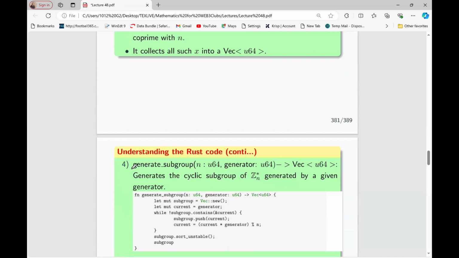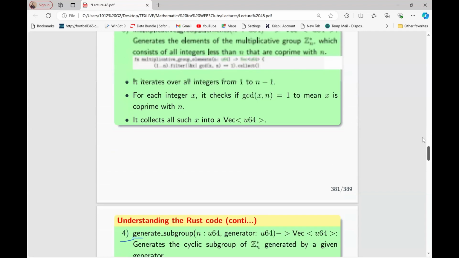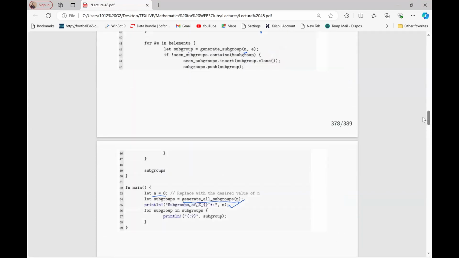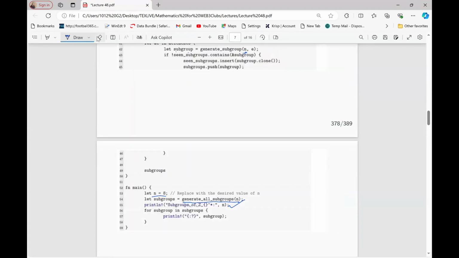But before this, we have generate all subgroups, which is below the one that is now asking for this to perform its role. Because you see, how does the work begin? It begins at the main function.